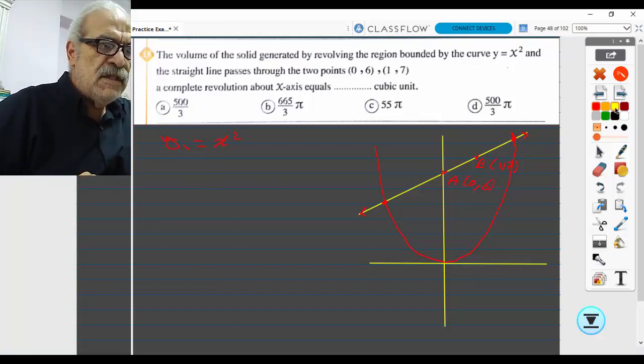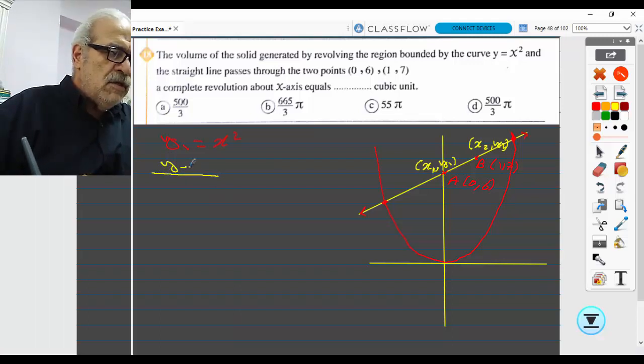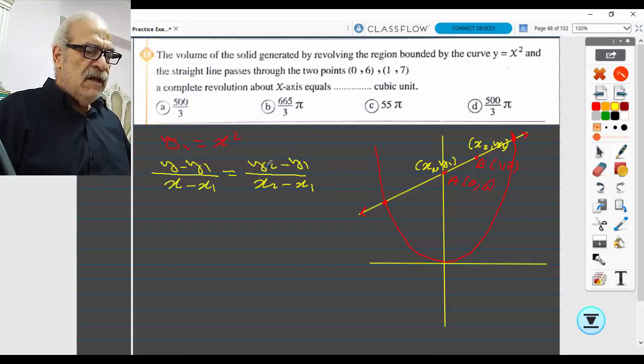The equation of any straight line passing through the 2 points, consider it x1 and y1, and the other point is x2 and y2, is y minus y1 over x minus x1 equals y2 minus y1 over x2 minus x1. The right side here equals the slope.